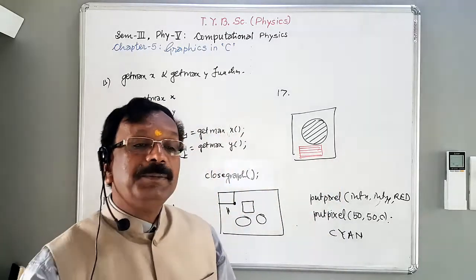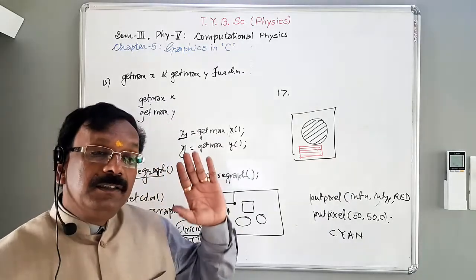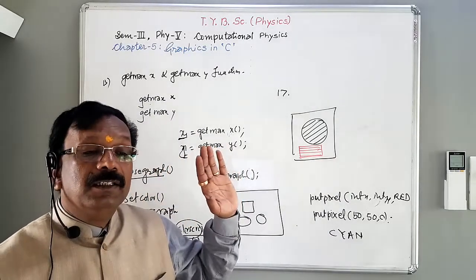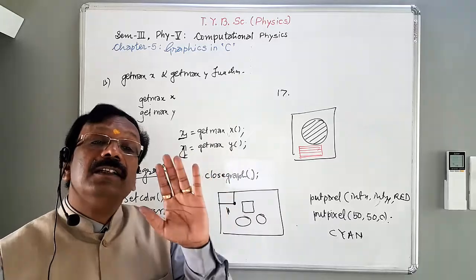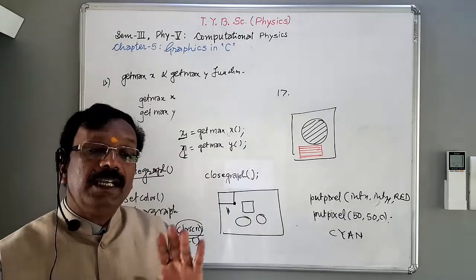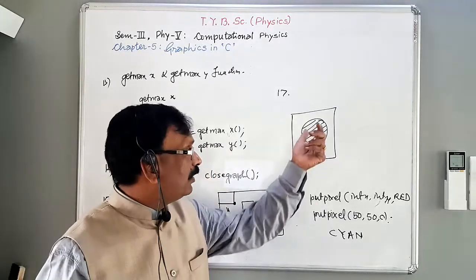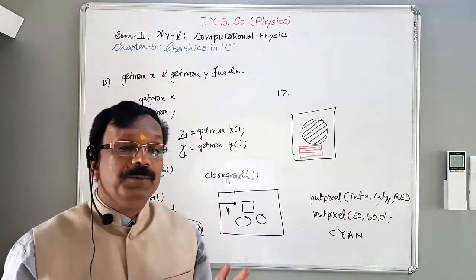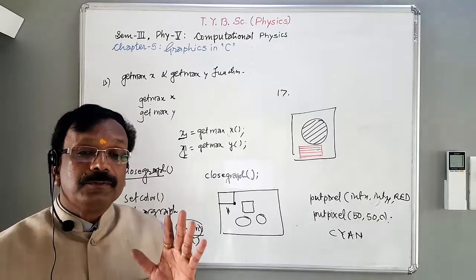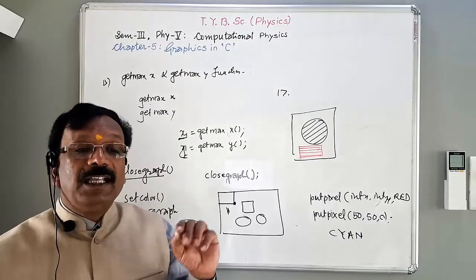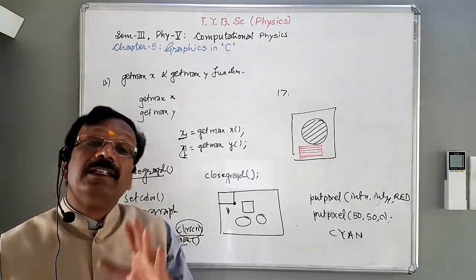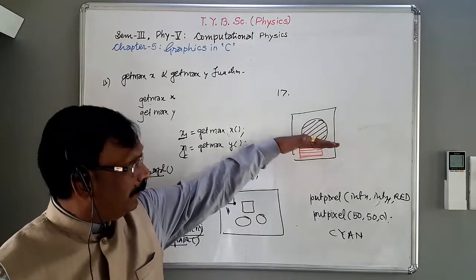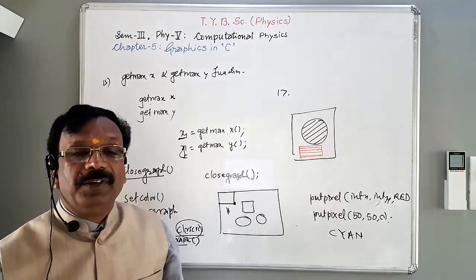For that purpose there is a special function, and this is the set fill style function. It is used in order to fill the images on the computer screen in graphic mode. The set fill style function is used to fill the pattern and color. The pattern is like this, and color is different.